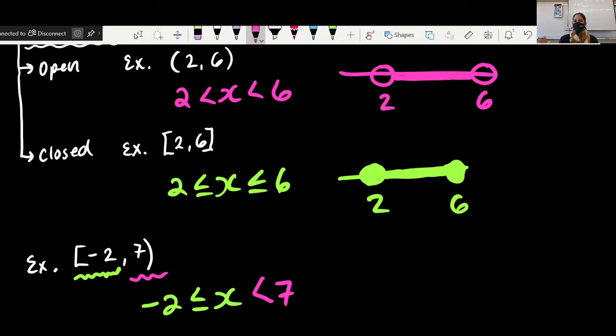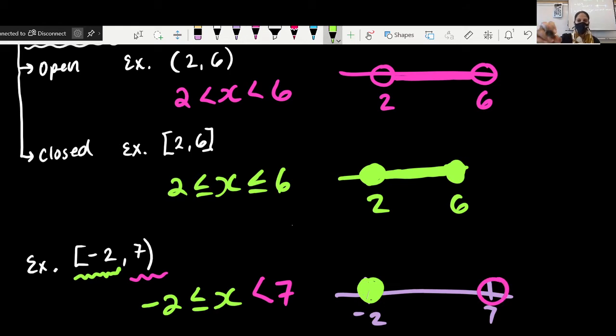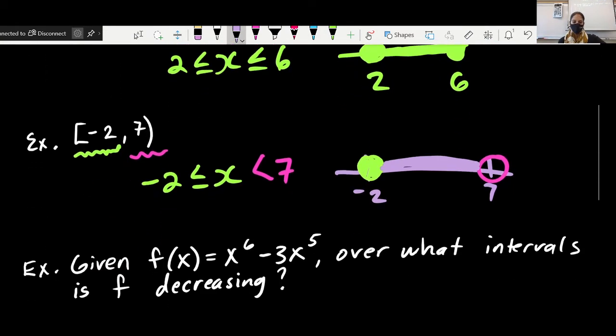So we have a combination of both scenarios. So when I go to graph this out, I'd have -2 and I'd have 7. The -2 is going to be colored in, but my 7 would be an open circle. And then in between, we would include or cover all the values, but I'd leave those two details as they are.